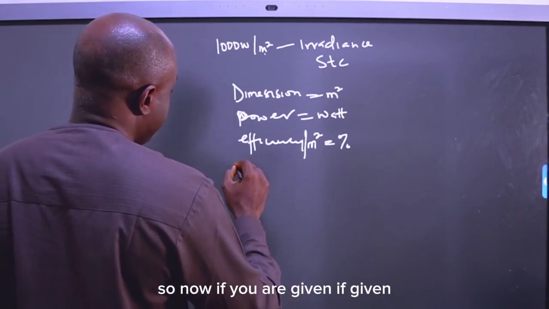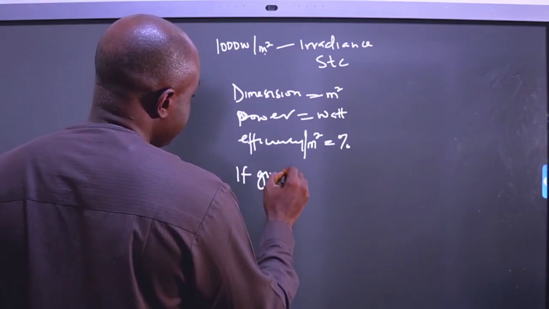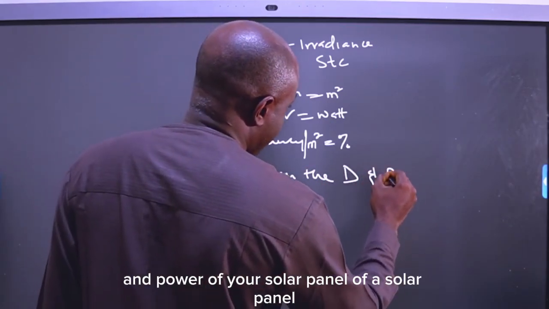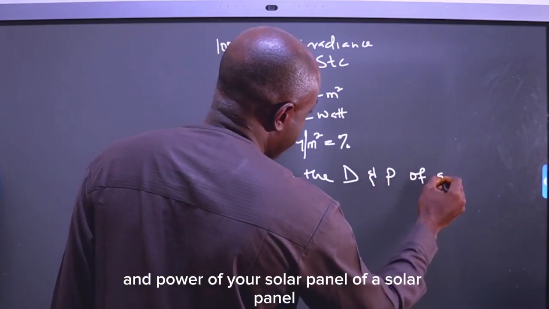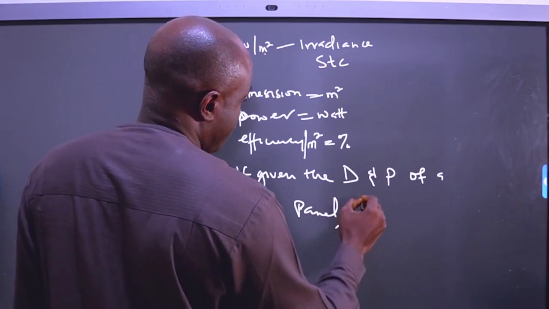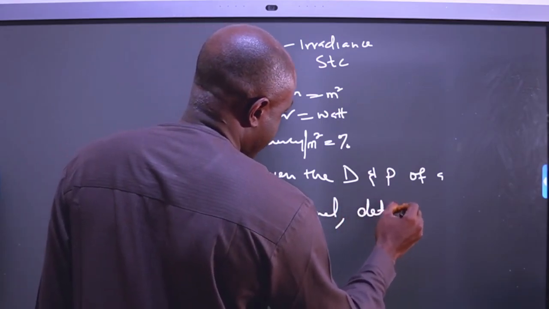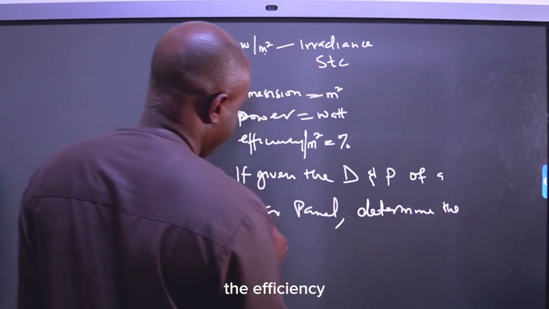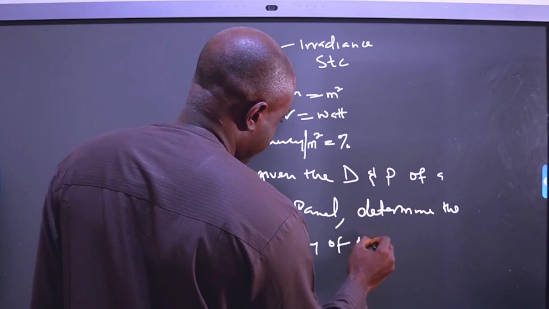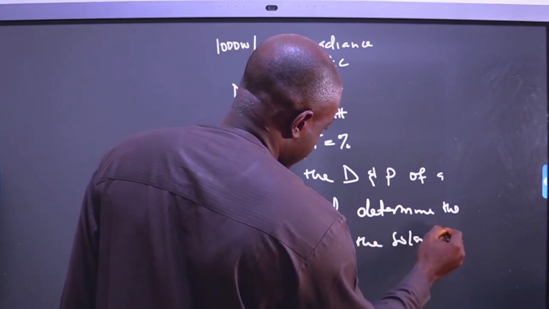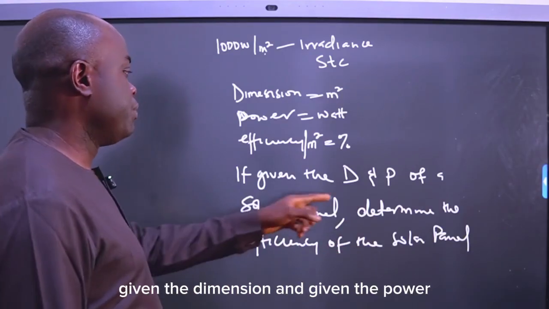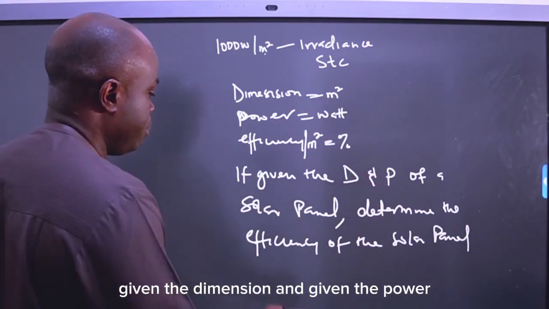So now, if given the dimension, let me just use D, and power of a solar panel, determine the efficiency of the solar panel. So with this information, I can determine the efficiency of my solar panel given the dimension and given the power.